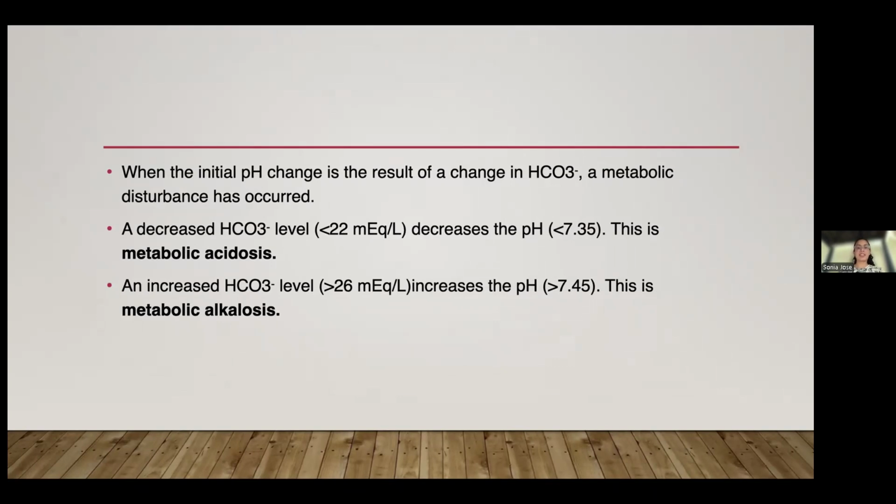So when HCO3 level decreases to less than 22, and pH decreases to less than 7.35, it is called metabolic acidosis. And when the HCO3 level increases greater than 26 and the pH increases greater than 7.45, it is metabolic alkalosis.